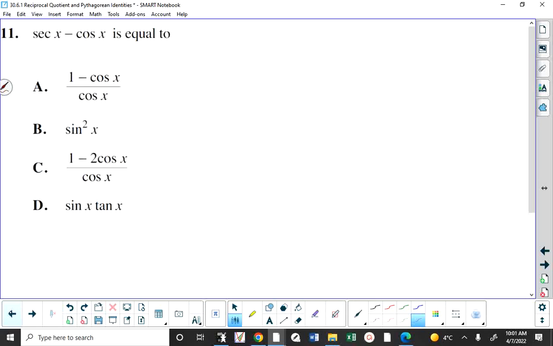So number 11, we want to figure out what secant of x minus cosine of x is equal to. I'm going to go through this one, and then I'm going to get everybody to pay attention because there's something I want to show you that's kind of a last resort, a last ditch effort that you can do in a question like this.